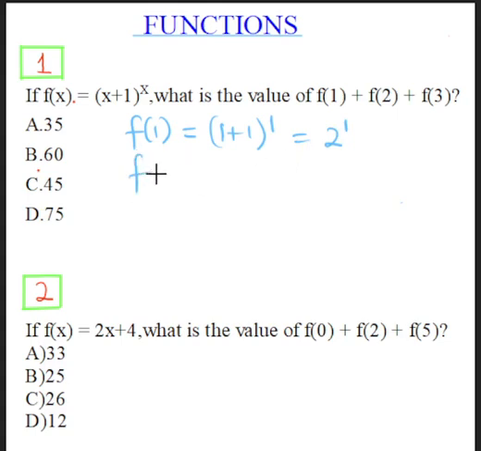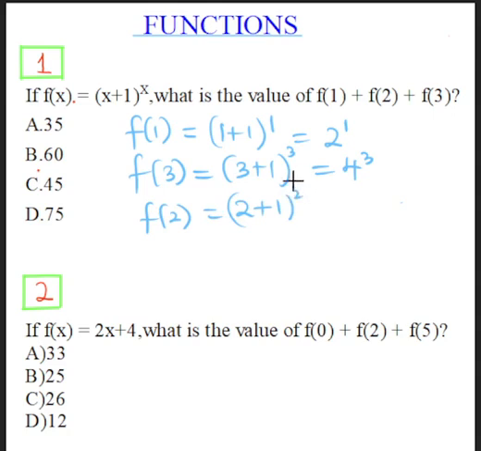Then f of 3 is equal to (3 plus 1) raised to the power of 3, and this is equal to 3 plus 1 is 4, then 4 to the power of 3. Then for f of 2, okay, f of 2 is equal to (2 plus 1) to the power of 2.